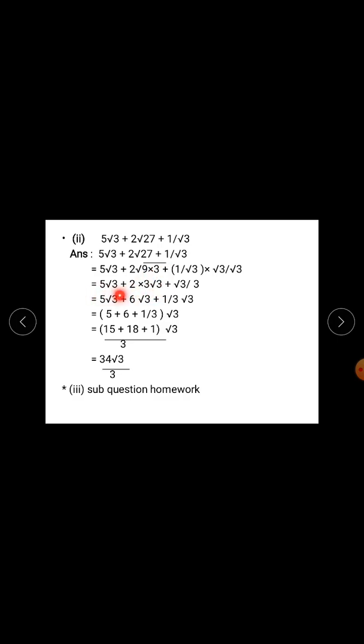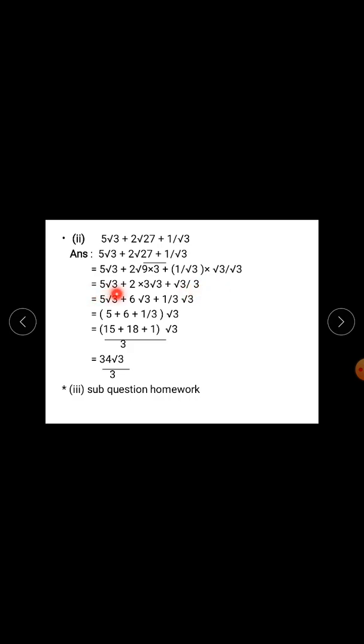So 5 root 3 plus 2 into 3 root 3 plus now 1 into root 3 is root 3 upon root 3 into root 3, means root 9, and root 9 means 3. Multiply numerator with numerator and denominator with denominator. So 1 into root 3 is root 3 and root 3 upon root 3 is root 9, means 3.